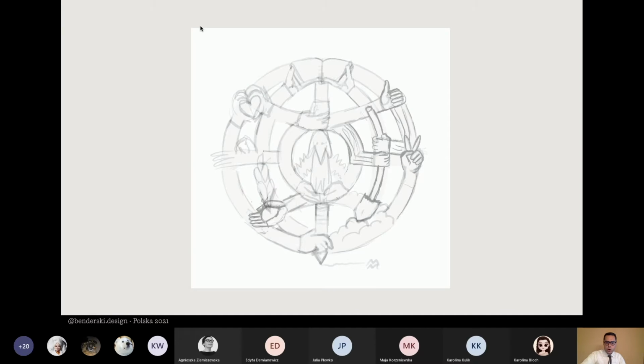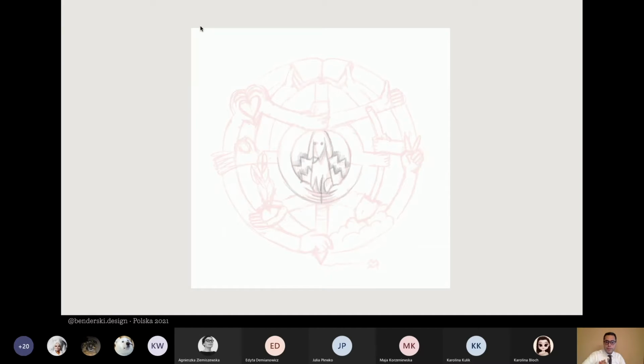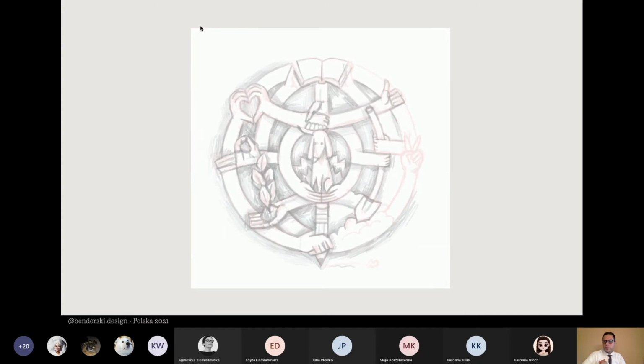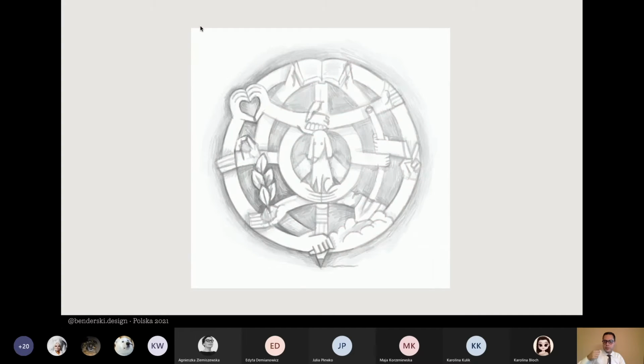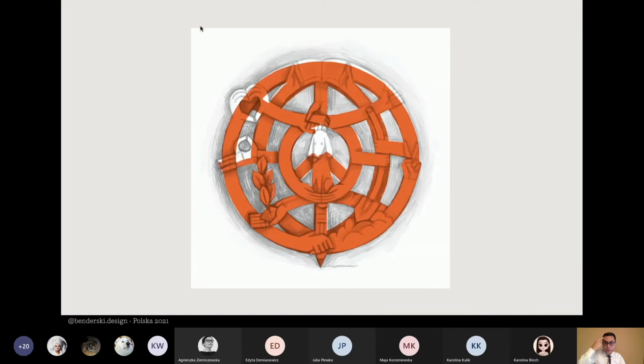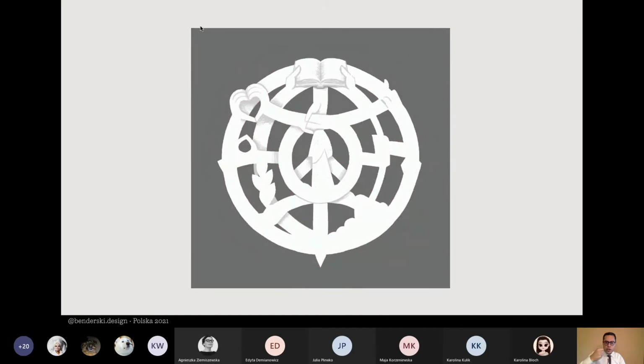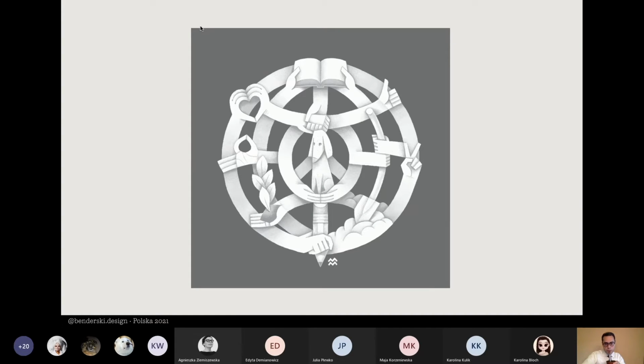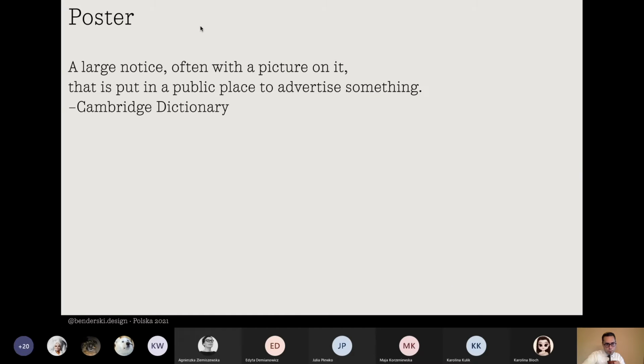Here we can see that she trusts her hand in order to draw. You're going to see my process, that I'm not the kind of designer that designs with the hand. I design with my head. I think in order to design. These are two ways of designing. It's not that one is better or worse. It's just different ways.